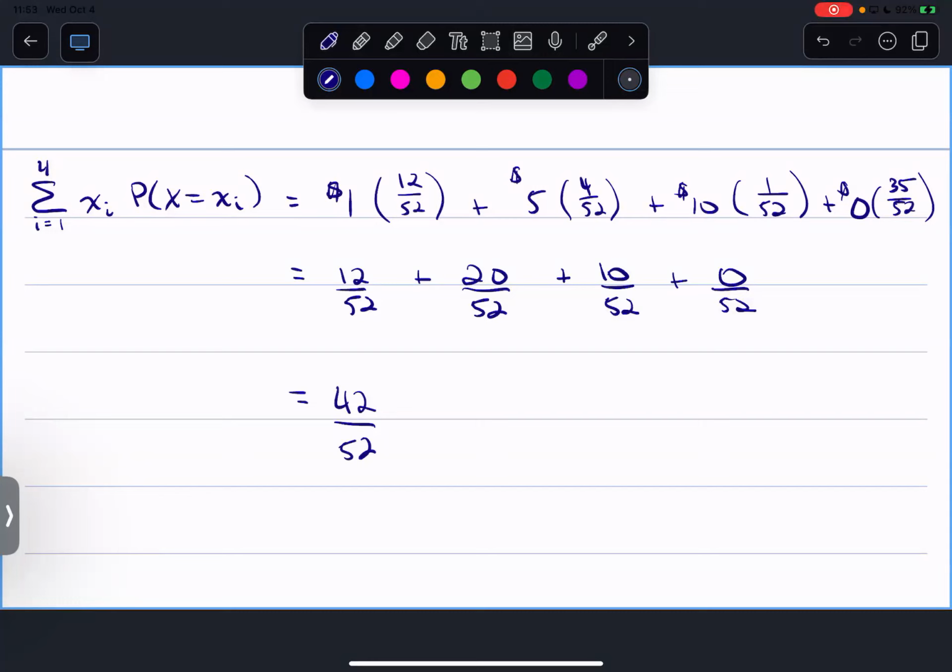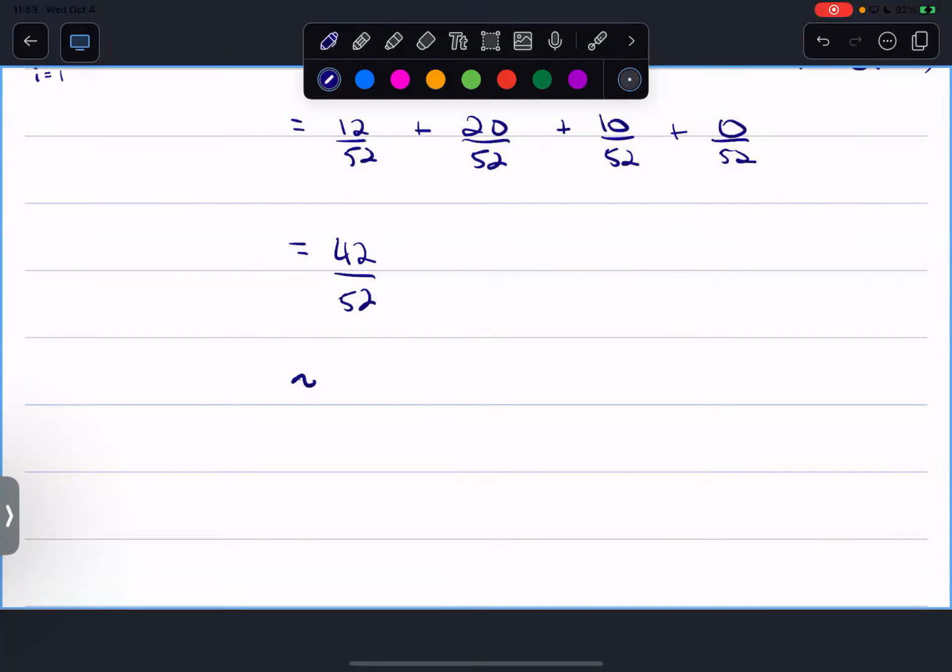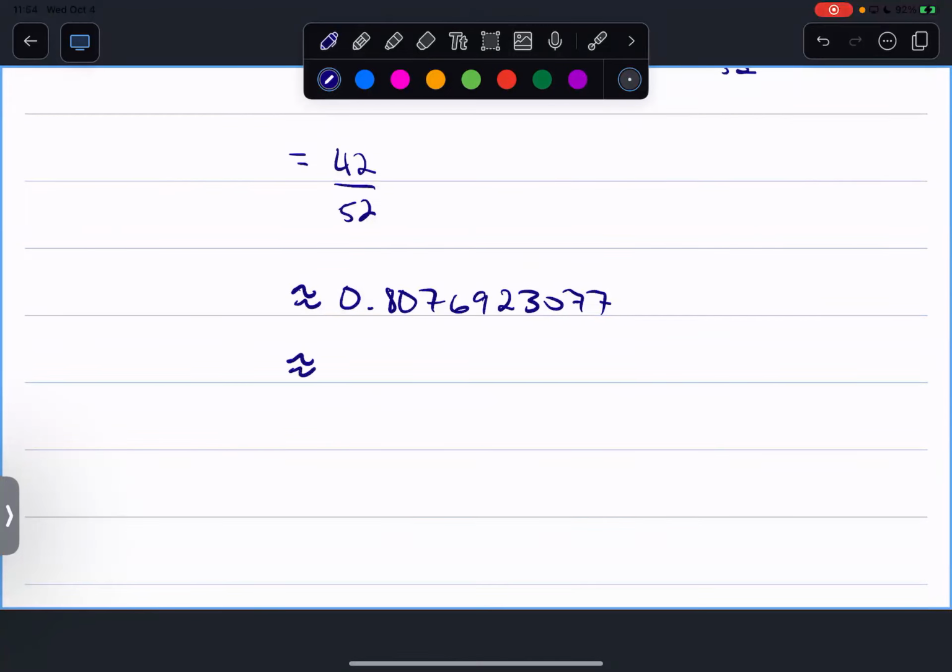And 42 over 52, nope, try again. I get 0.80769230077. But because it's money, always round to 2 decimal places, and so $0.81.